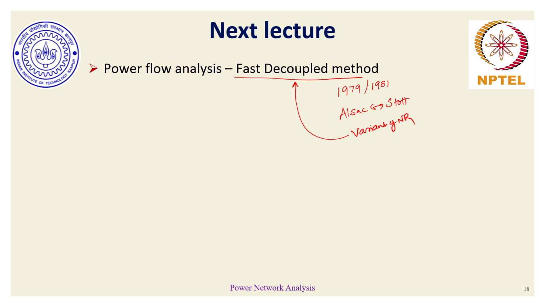They came up with the fast decoupled method, which showed that with one factorization of the Jacobian, the same solution as in Newton Raphson can still be obtained with a lot of time saved. So we will talk about this interesting technique, thanks to Alsac and Stott, and see how it works in the next lecture. Thank you.